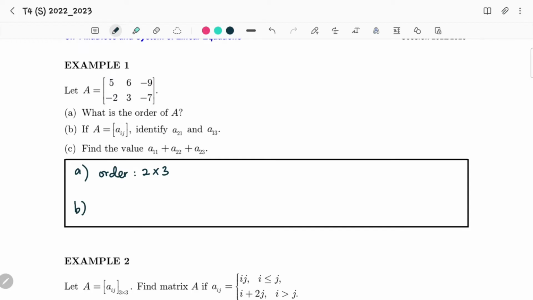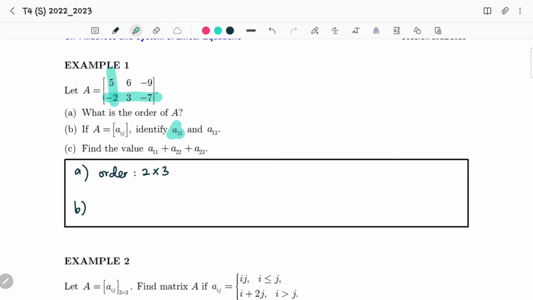Next question, if A is equal to aij, identify a21 and a13. For this question, you have to find the entry in the second row and first column. So 2, 1: second row, and then first column.